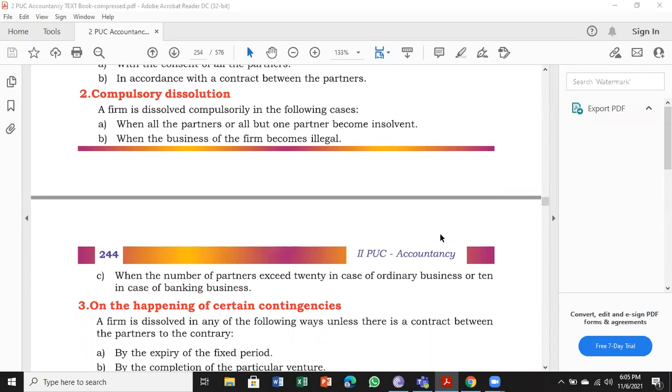Next situation under compulsory dissolution is when the business firm becomes illegal. Some activities, maybe drugs, maybe drinks, manufacturing, selling, or gutka, some businesses the government declares as illegal, and then they have to close the business.